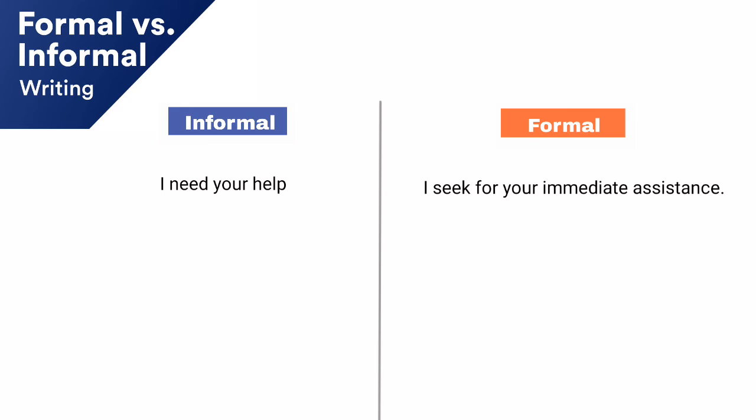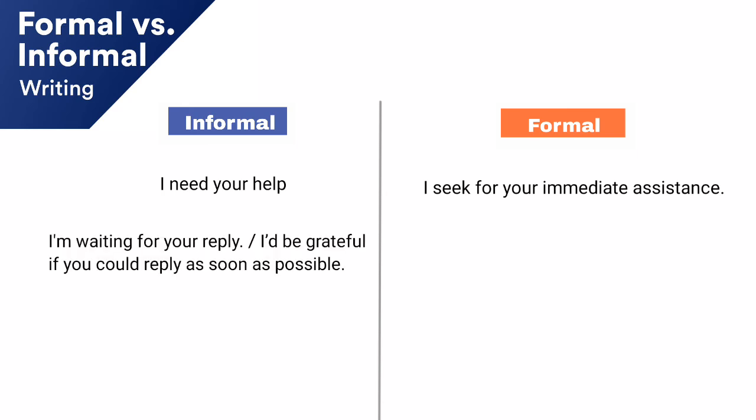And you are expecting a reply from the other side, yeah? Like from your friend or neighbor, I would say. So you can say, I'm waiting for your reply, or I would be grateful if you could reply as soon as possible. But at the same time, for formal ones, I would say, please respond at the earliest convenience.